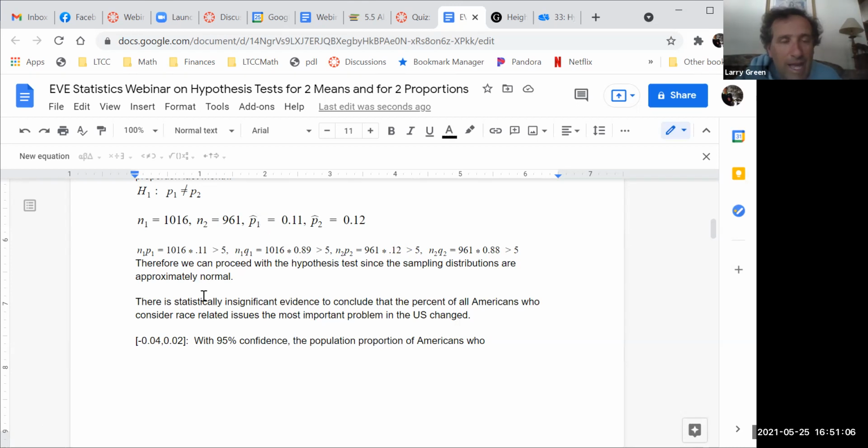And when we have our first one, it's always first minus second. So if first minus second is negative, then that means that the first was smaller. So who, and let's write out, actually, instead of "think that," let's go with "consider," because that's how the wording is. Consider race-related issues the most important problem in the United States.